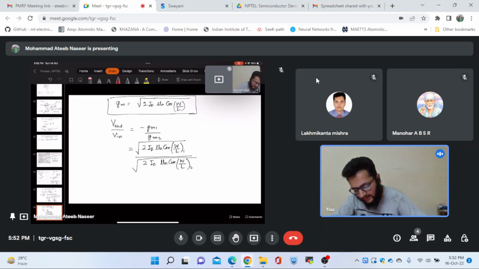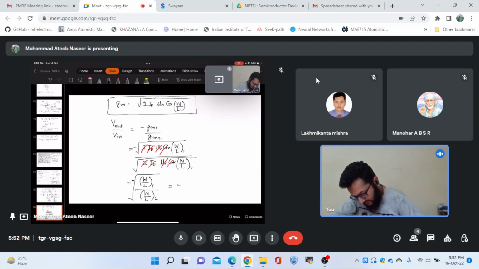From this, we can say that the 2, ID, mu n and Cox will cancel, and we will be left with the square root of W by L of transistor 1 divided by W by L of transistor 2. This has to be a minus times this thing.